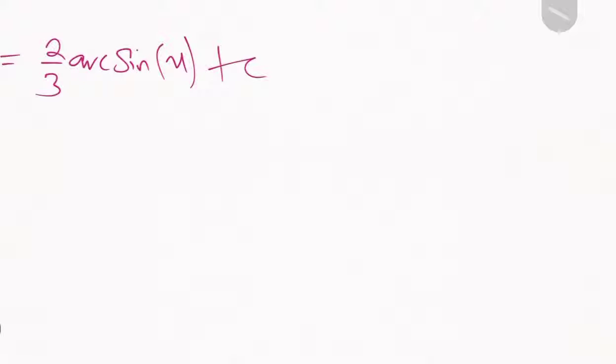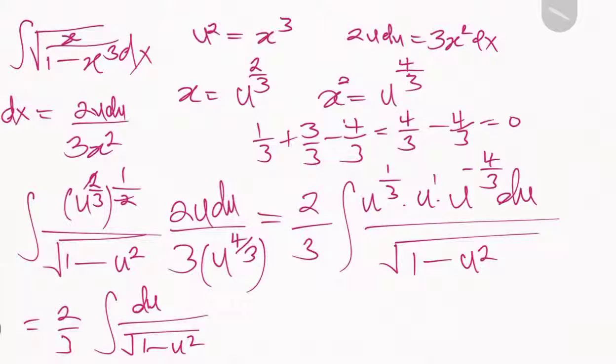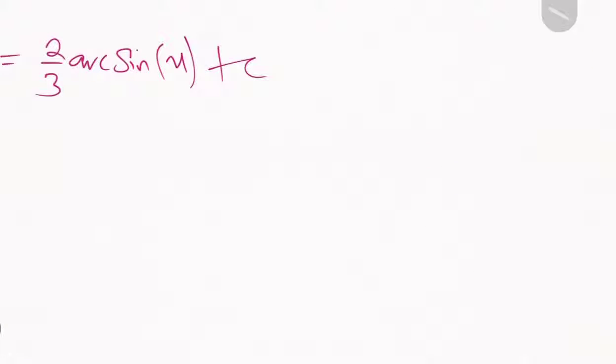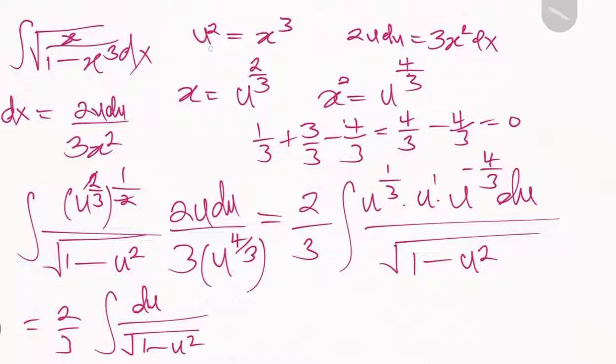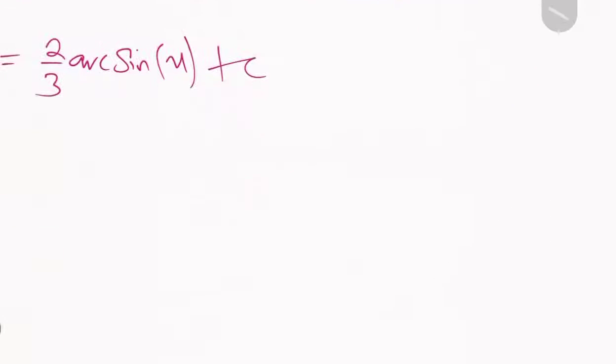Are we done? No, because this is in terms of u. Our question was in terms of x. So let's see what u is in terms of x. Of course, using this relationship, that u squared is equal to x cubed, that means u is equal to x raised to the power 3 over 2.